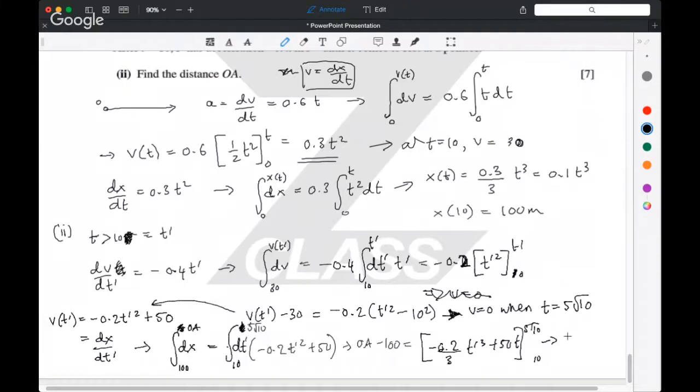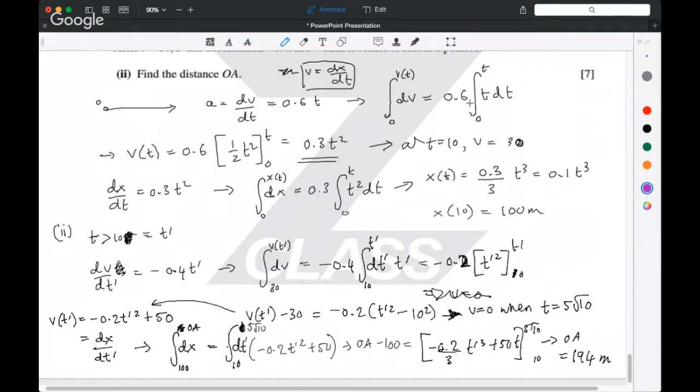And this will give you that OA is equal to 194 meters. So that was quite a complicated job. This is why I tend to always use the technique of matching limits. Because if you do the indefinite integral plus c and then solve for c, things don't carry forward to more complicated problems very well.